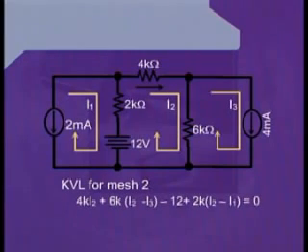Hence, we will write plus 6k into I2 minus I3. As we write this term, we pass through the 6 kilo ohm resistance to reach at the bottom wire of the loop, that is mesh 2.